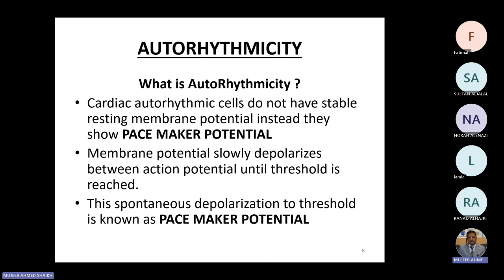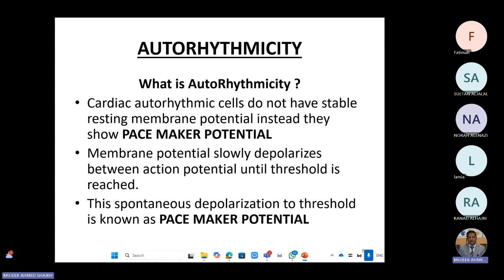Resting membrane potential means a horizontal line. When an equal amount of positive and negative ions are moving in and out of the cell, if you record, you will record a zero potential. Zero potential is a resting membrane potential. So it is not present in the autorhythmic cell or SA node.